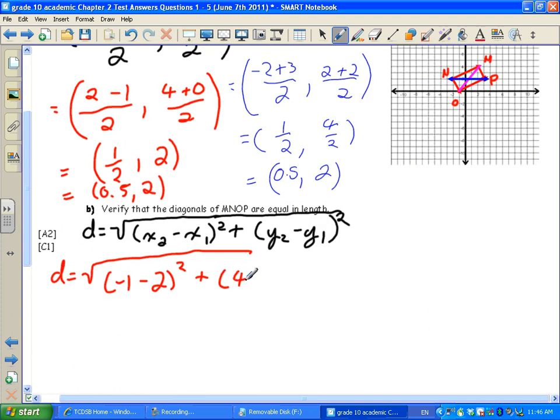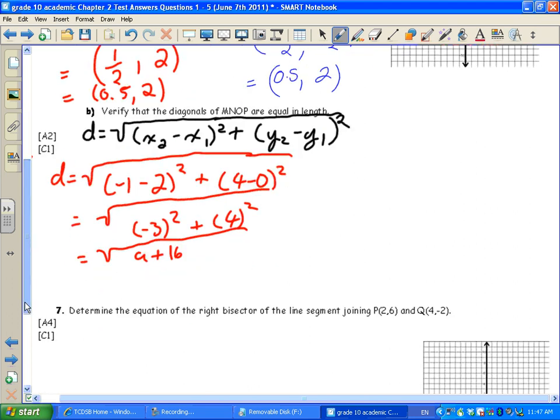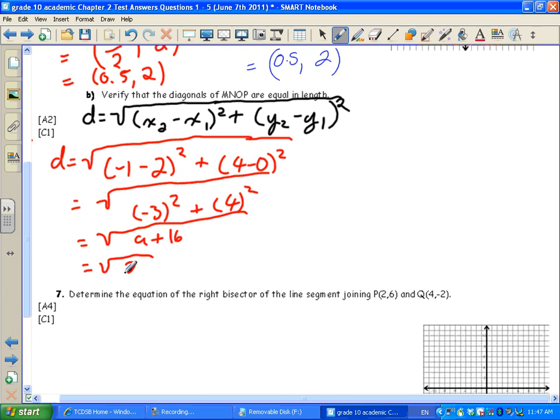So we have 4 subtract 0 squared. -1 minus 2 is -3 squared plus 4 squared equals 9 plus 16. Equals the root of 25, which equals 5. So the distance between M and O is 5 units long.